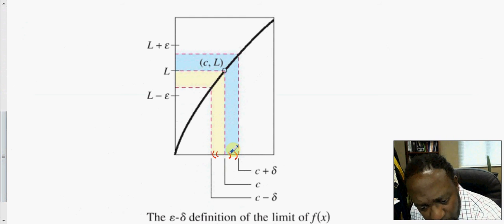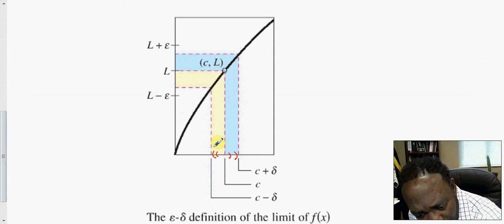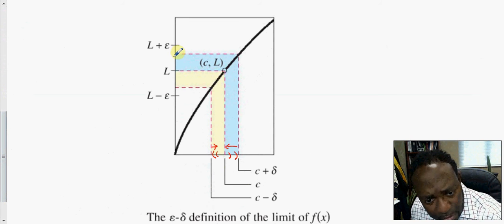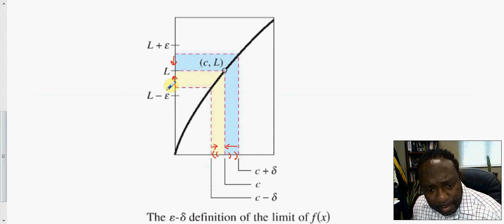So can we make small this delta radius neighborhood, and in the shrinking of that, does that also imply the shrinking nature about this so-called L value for the limit?